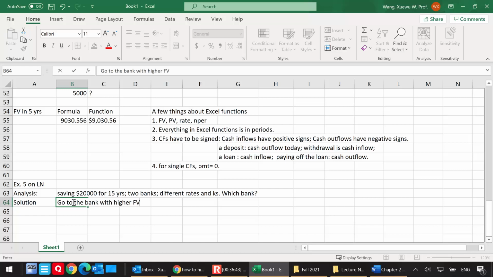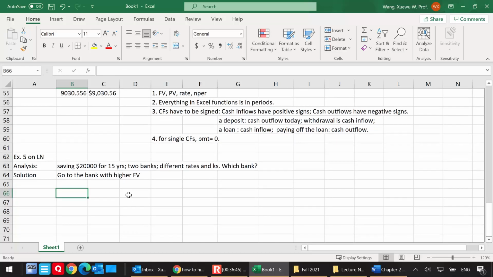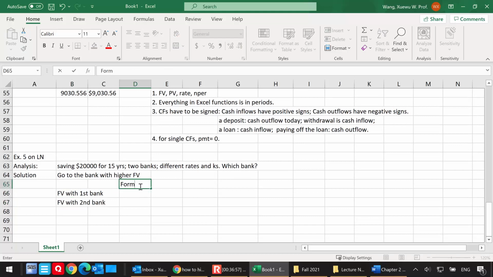So I need to calculate the 2 future values here: the future value for First Bank and the future value for Second Bank. Again, I'm going to do this with both the formula and the function approach.